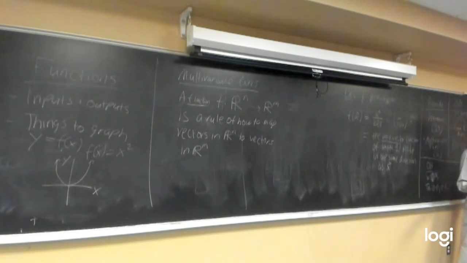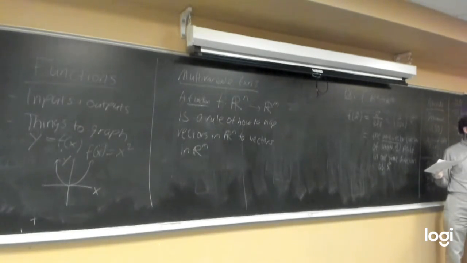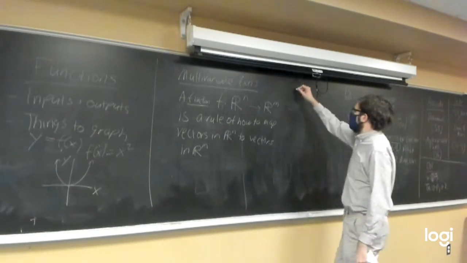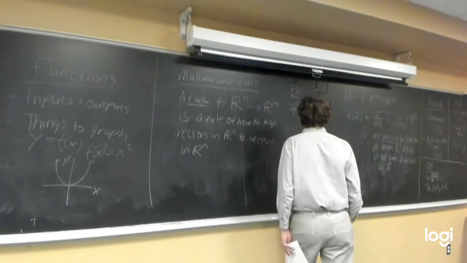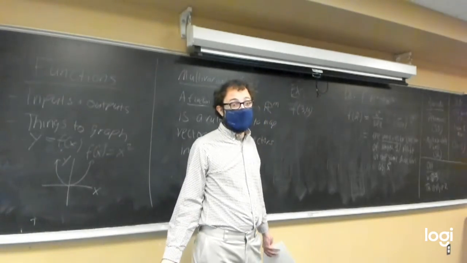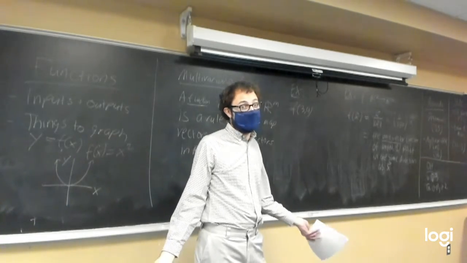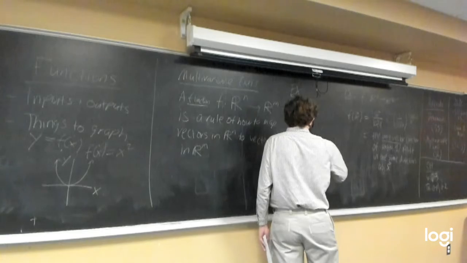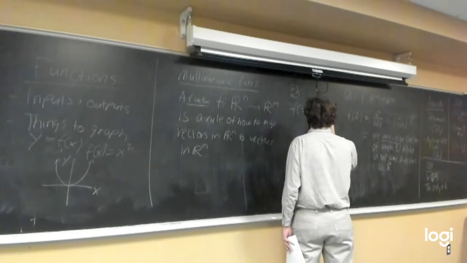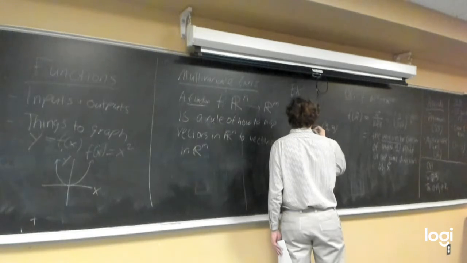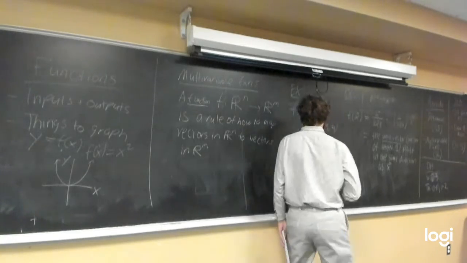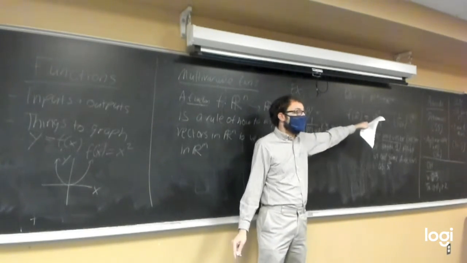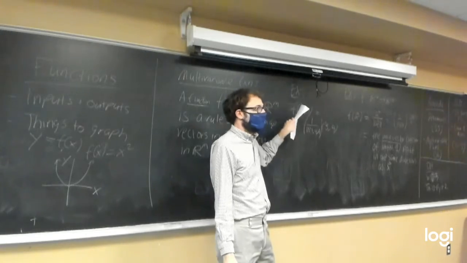So that's a function. It takes in vectors, and it spits out vectors each time. Let's do a quick example to see how this function works. If we plug in the vector in R2, (3, 4), what we get is (3, 4) times 1 divided by the magnitude of (3, 4). We're just swapping in the vector (3, 4) anywhere we see the symbol x.